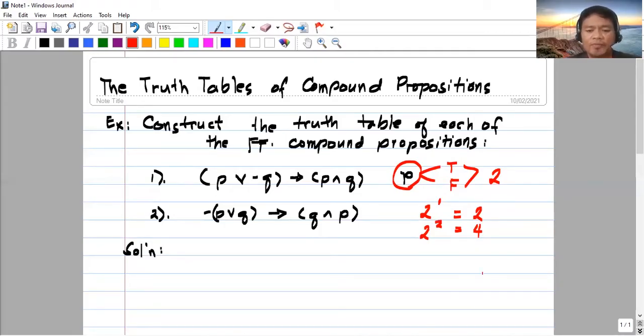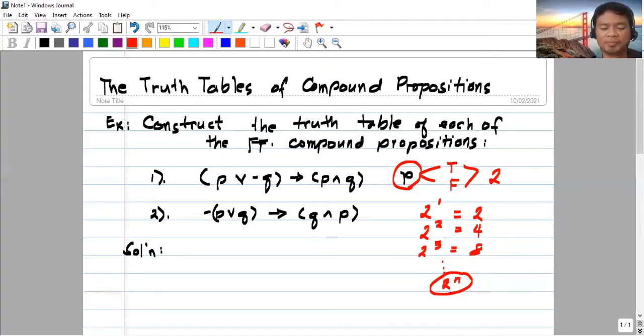So if there are three propositions, then we have 8. If there are 4, we have 16. If there are 5, we have 32. So if we have n propositions, then we have 2 raised to n rows to be included in the truth table.